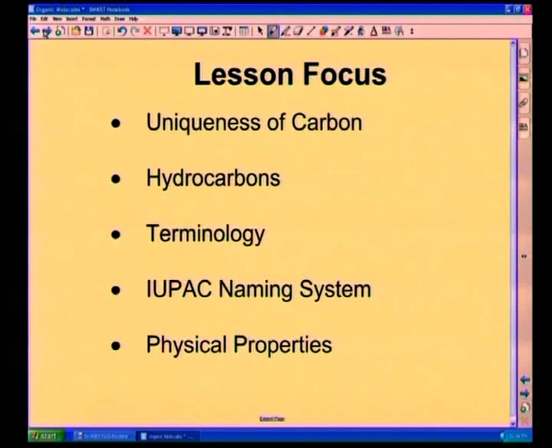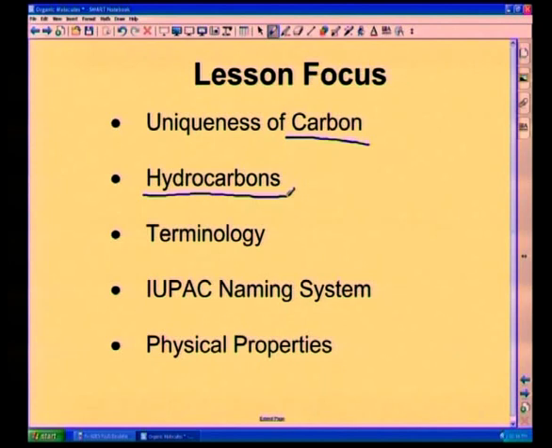In the lesson, like I explained earlier on, we'll be looking at this unique element called carbon and how it bonds with other elements, with other atoms. And we will focus a lot on molecules known as hydrocarbons.